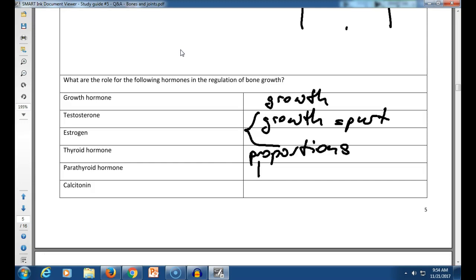The whole physiology is about increasing or decreasing. You have a parameter, you can have increase, decrease, or no effect. So parathyroid hormone, does it increase the bone density or decrease the bone density? Decreases. Yep. Decreases bone density.